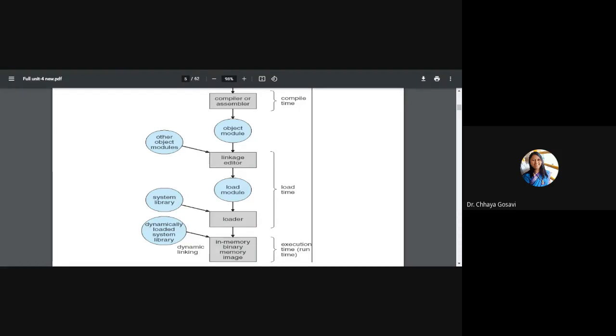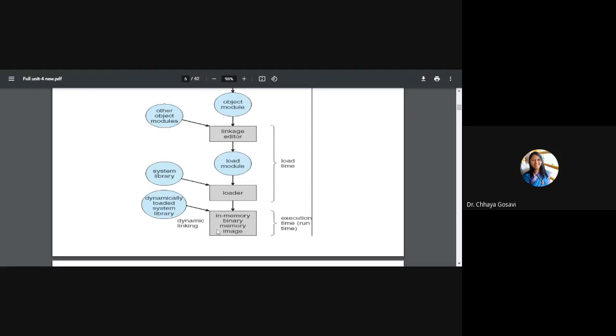In Java, we use System.out.println, which is in the java.lang package. So it will link all those object modules and try to resolve all the addresses. The load module then asks the loader to load this program into main memory for execution.